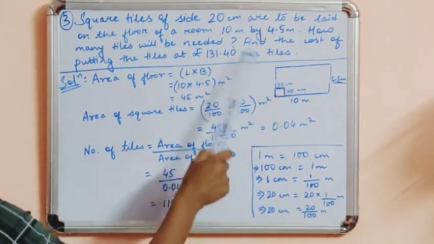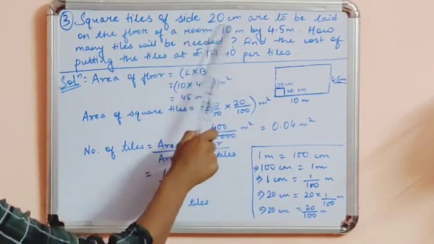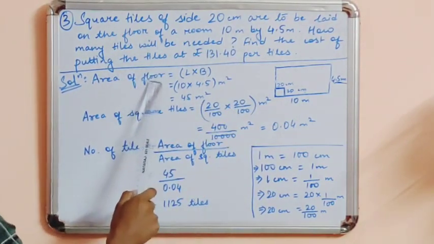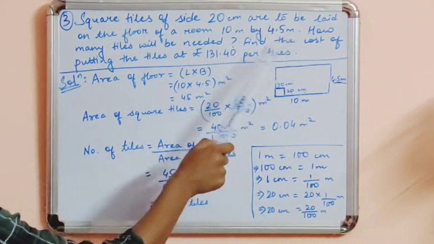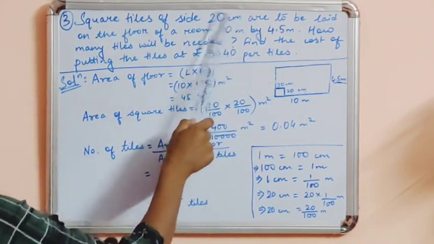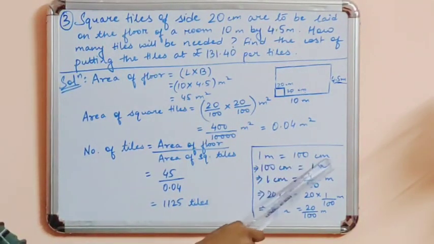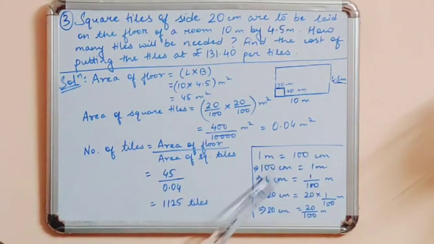See here, the side of a square tile is 20 centimeter and that for the rectangular floor is given in meters. So we need to convert this side from centimeter into meter. You can follow this process. 1 meter is equal to 100 centimeter. We can reverse this and write 100 centimeter is equal to 1 meter.